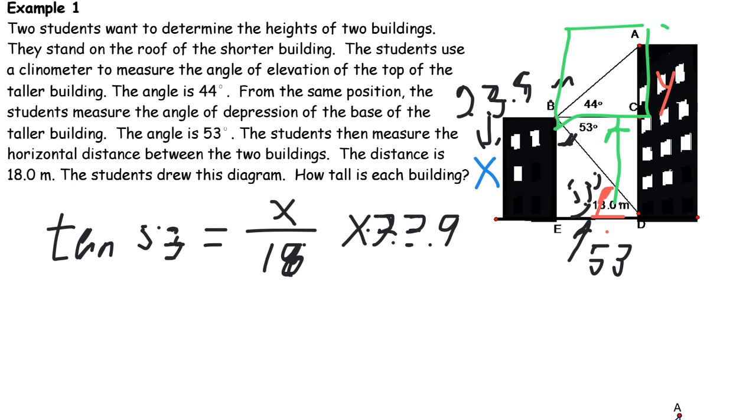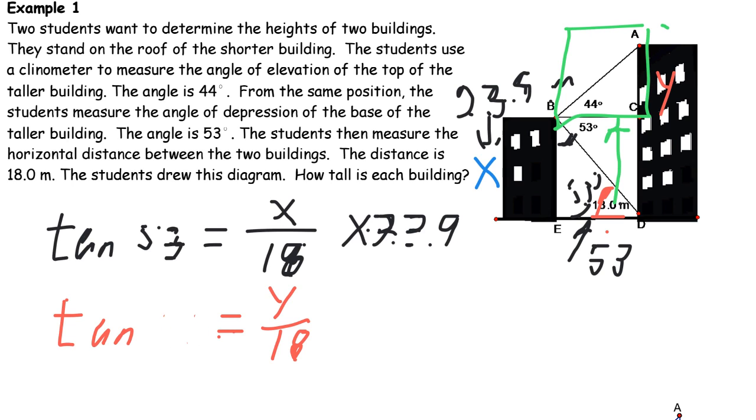We have opposite and adjacent. So again, we're at tangent of 53 equals the opposite, called Y, over the adjacent of 18. No, sorry, that's not 53. That's my mistake.